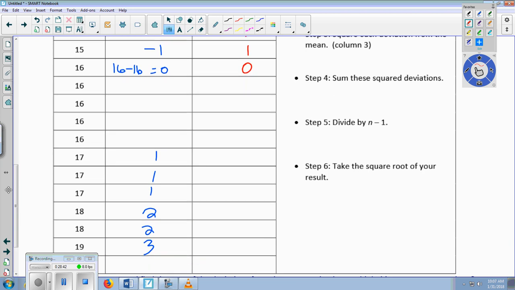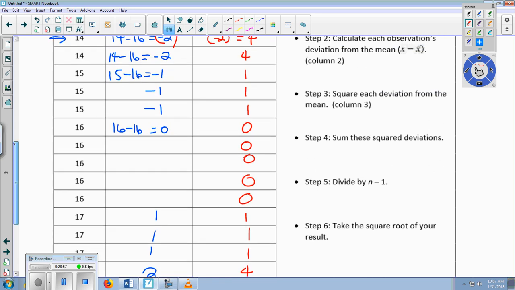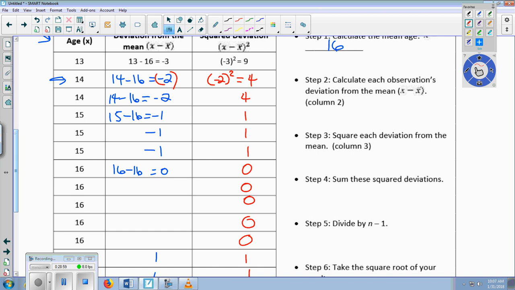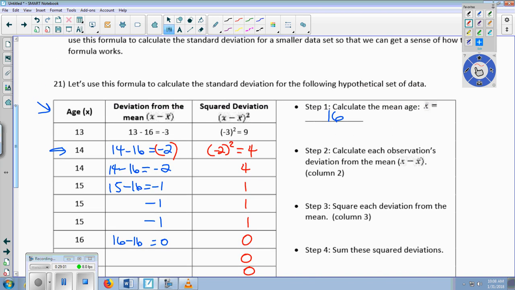I'm just going to fill this in. So we have 0, 0, 0, 0. 1 squared is 1. 1 squared is 1. 1, 4, 4, 9. Okay, so we have just found all of the squares of the distances away from the mean.